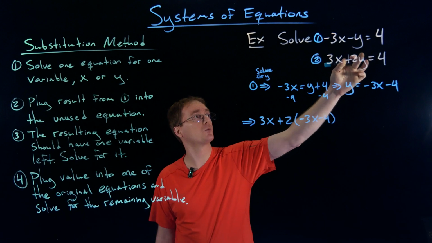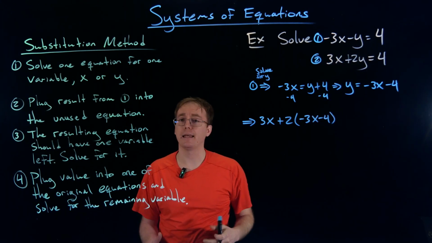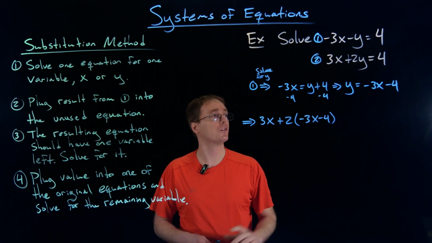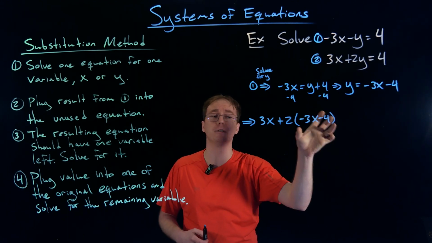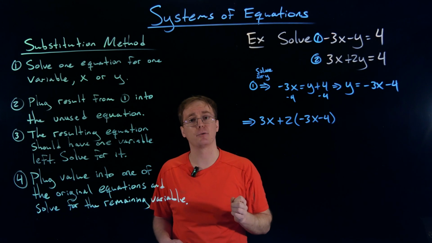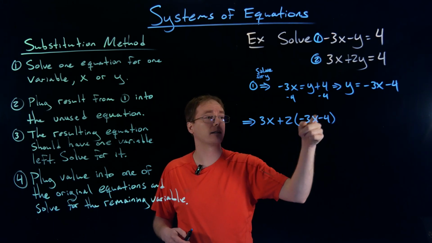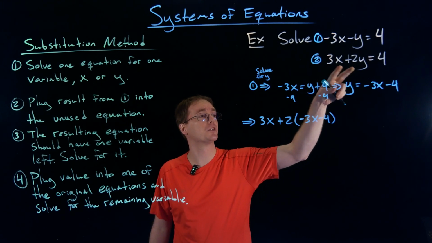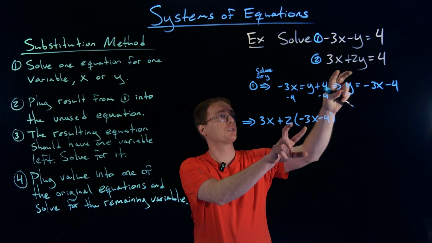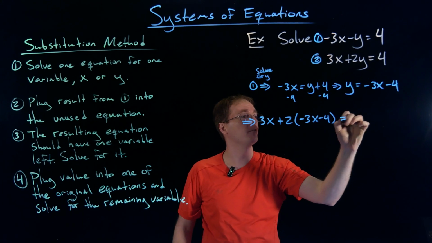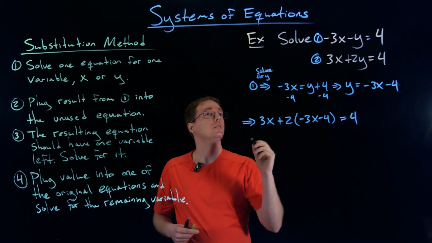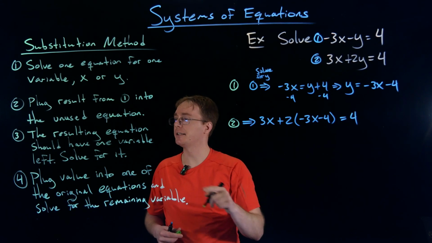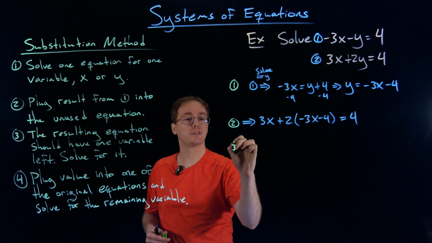So we simply swap out or substitute y with negative 3x minus 4. It's really important when we make these substitution steps that the quantity we are substituting in is enclosed in a set of parentheses to make sure that we use things like the distributive property correctly. So remember, we're rewriting equation 2 with a substitution made. We have 3x plus 2 times the quantity negative 3x minus 4, and all of this is equal to 4. We completed step 1 right here, we just completed step 2 down here, and now we're ready to work with step 3.